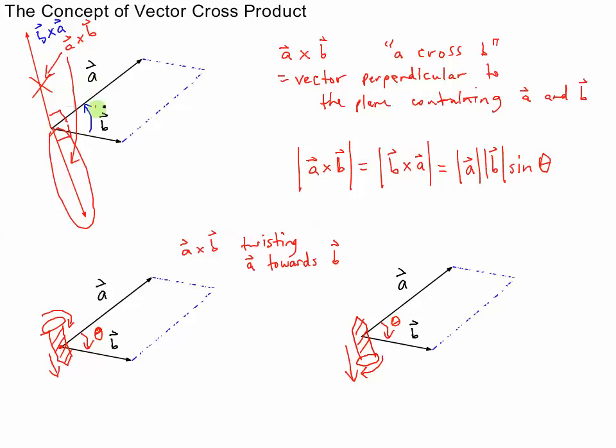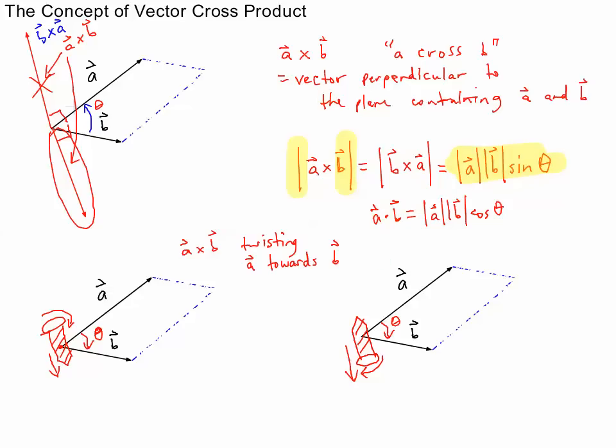Whatever that may be. Okay, so just to remind you, if you take the dot product of two vectors, that's already a number. You don't need magnitude there. The dot product of two vectors is the magnitudes times the cosine of the angle between the two vectors. So these are very similar formulas. Since A cross B is a vector, you need the magnitudes around it to get this number.